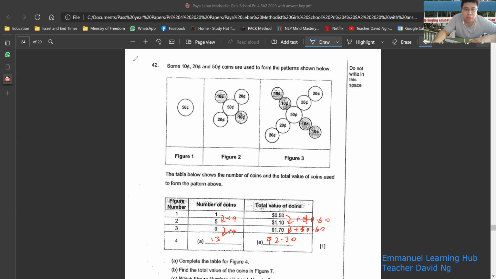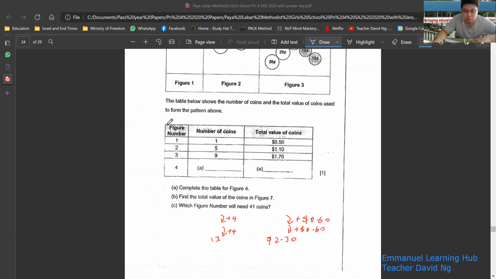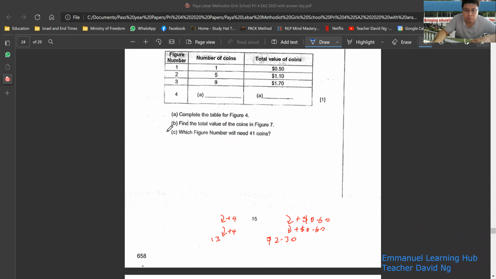Okay, so you already completed the table for figure 4.